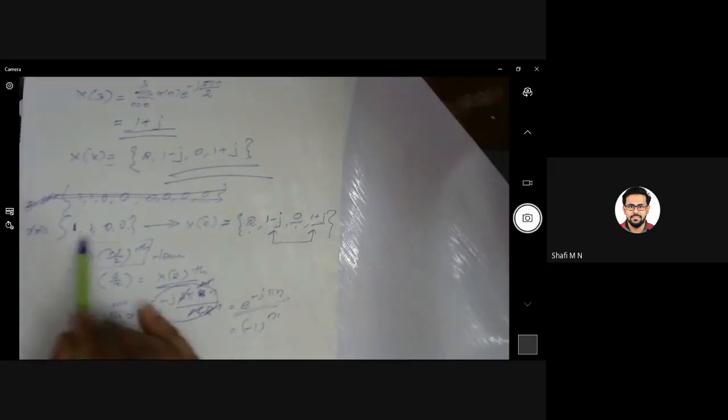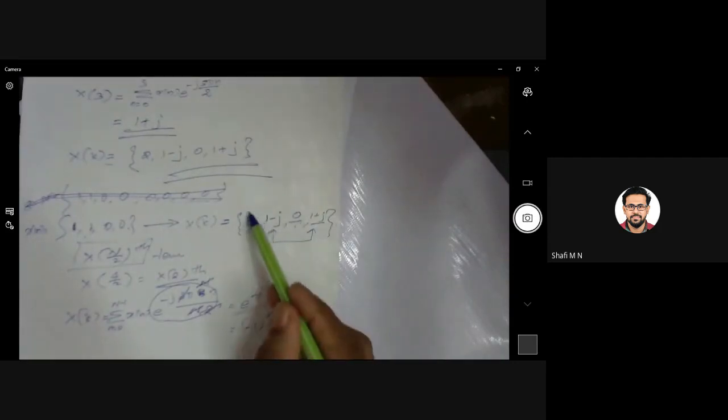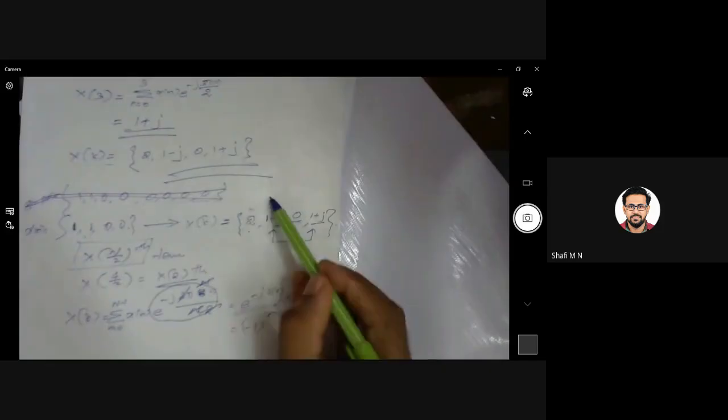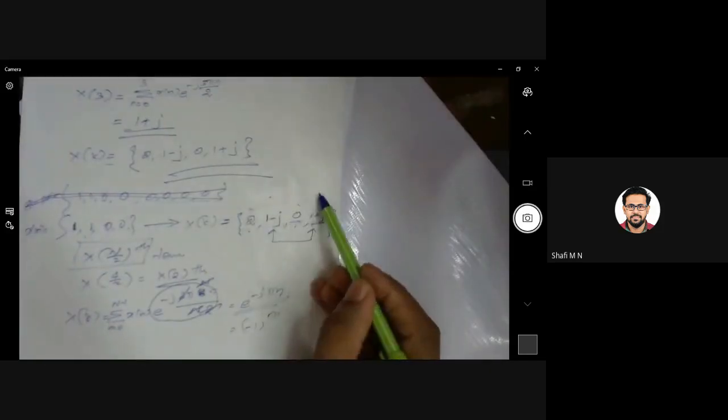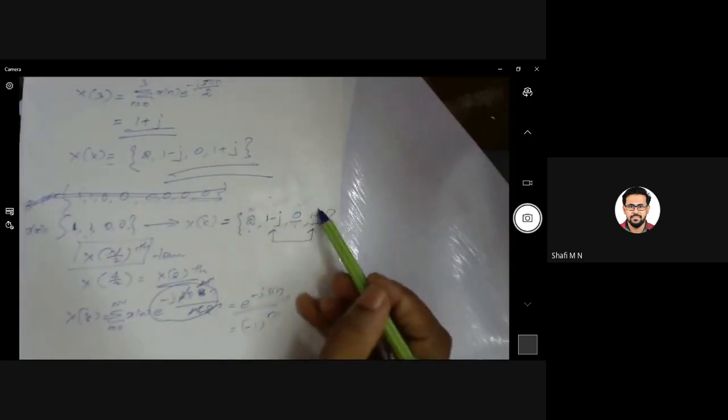Always it's like that for real numbers. When your sequence has real numbers, this is valid. So this is your answer. 2, 1 minus j, 0, 1 plus j. This is the sum of all the terms. Here, alternate plus minus. You have to do this mathematically. Take the conjugate. That will be the next term. 1 plus j. Got it?